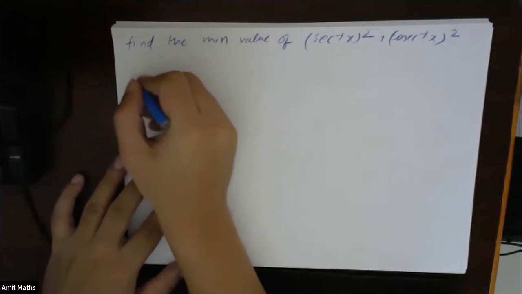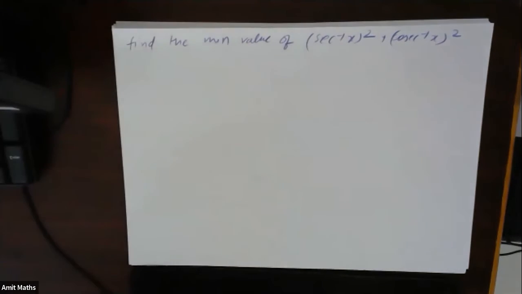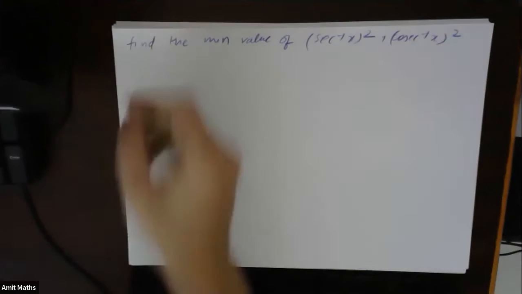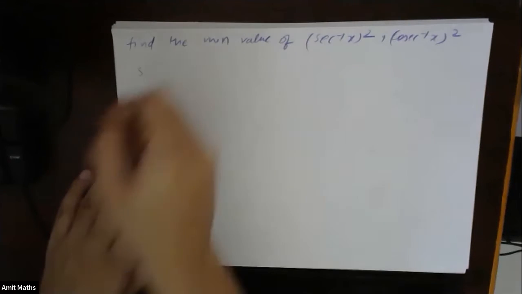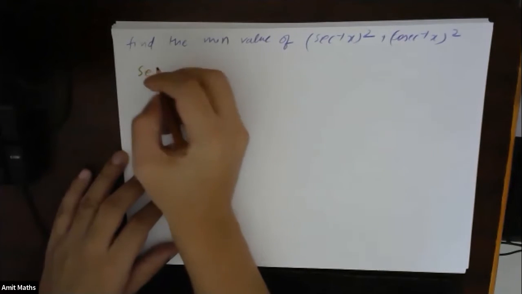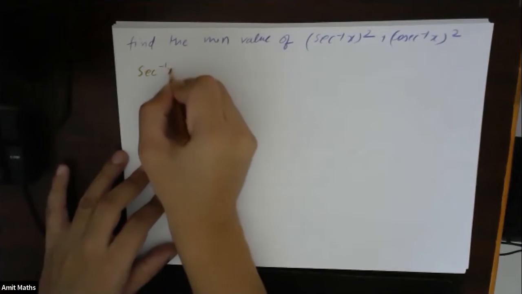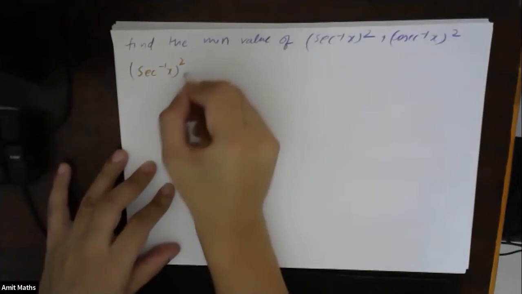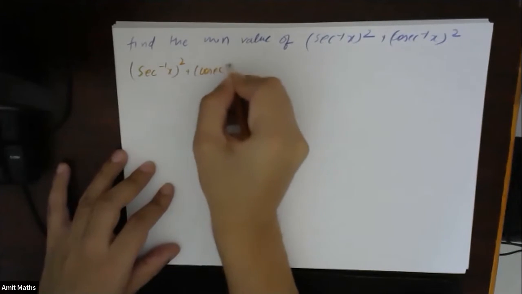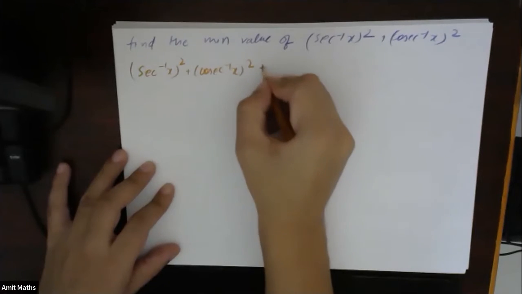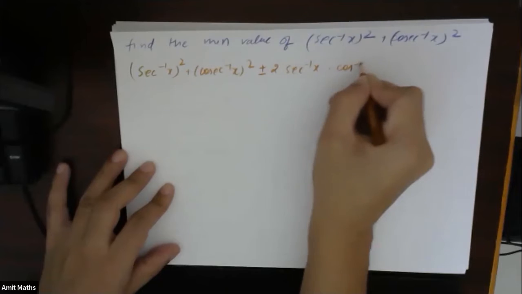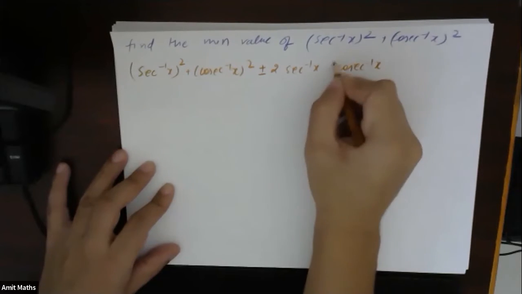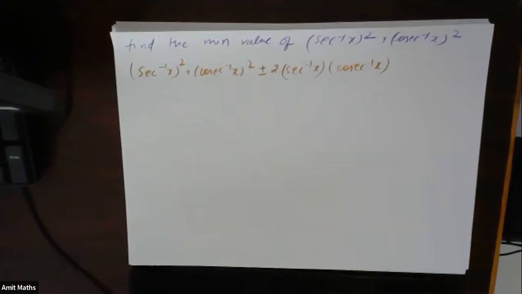So this is sec inverse of x whole square plus cosec inverse of x whole square plus minus 2 into sec inverse of x into cosec inverse of x.